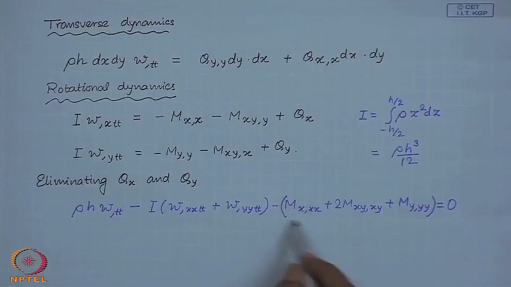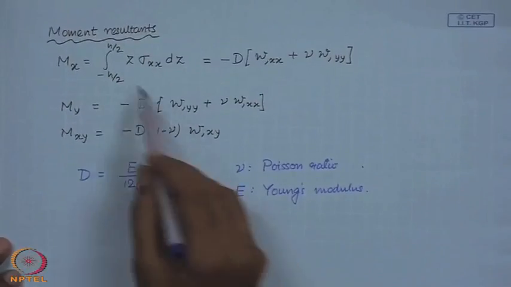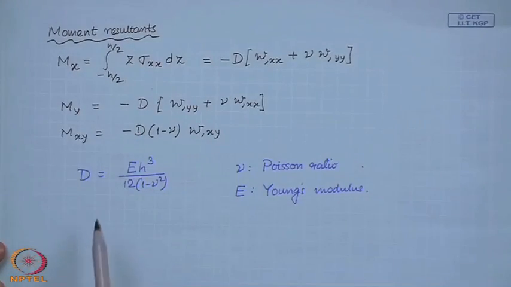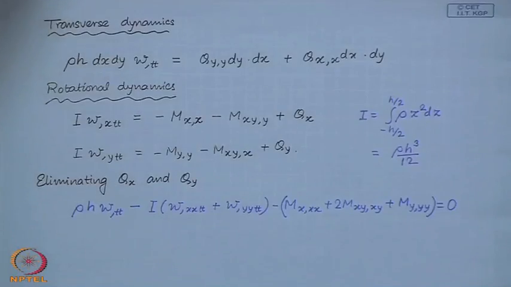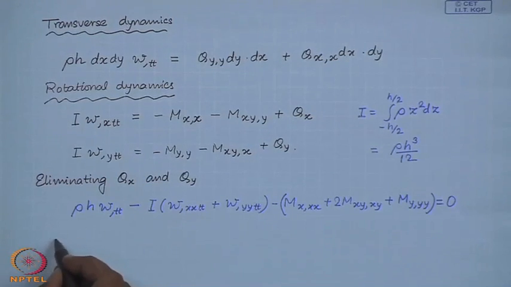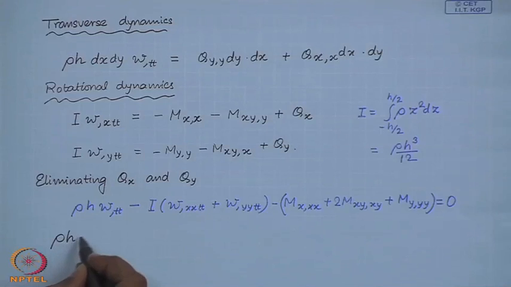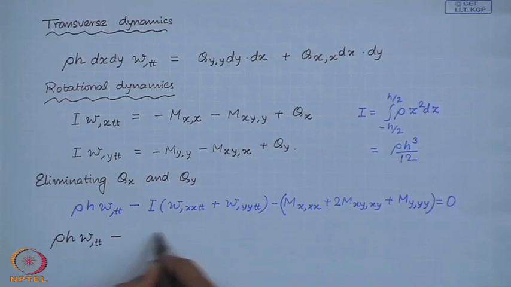Now, here I will replace these moments using the expressions that we have derived, the moment resultants in terms of the field variable. If you do that, then you can simplify the equation.